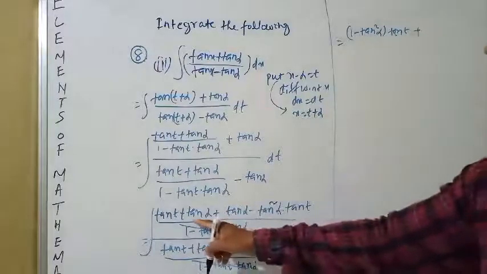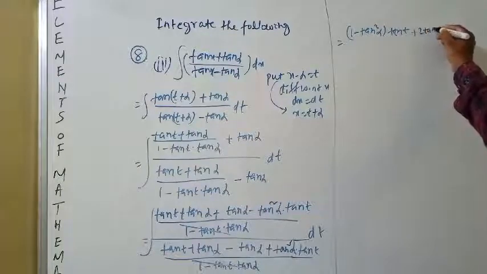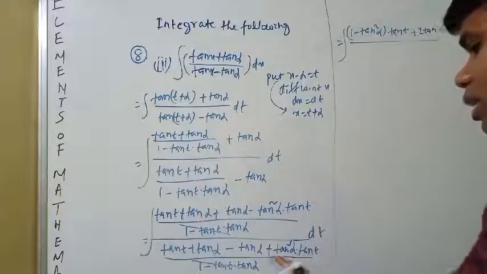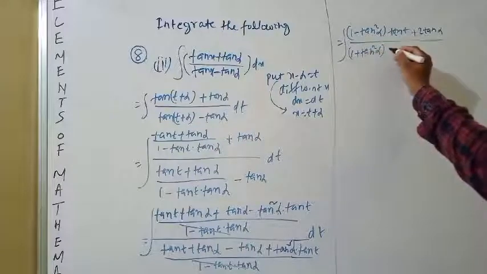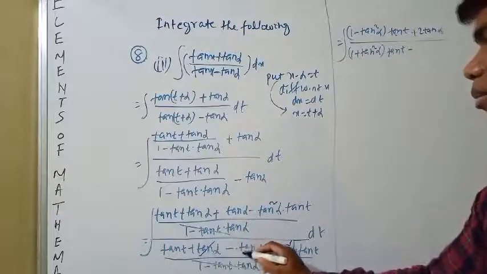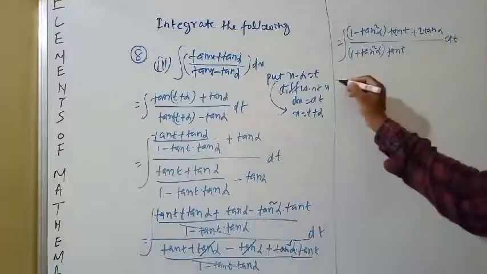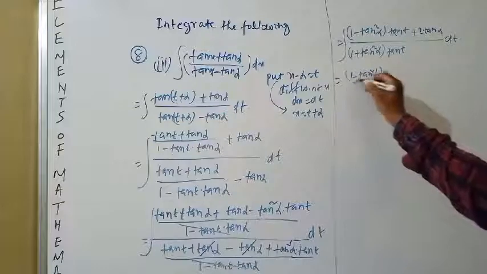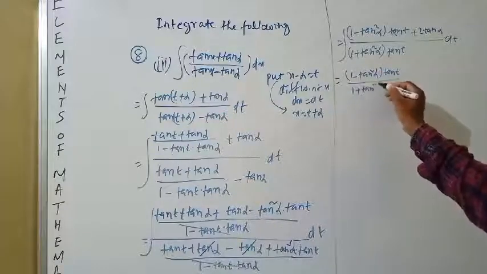Here you see tan alpha plus tan alpha gives 2 tan alpha, divided by, taking common tan t, 1 plus tan square alpha tan t. Minus tan alpha plus tan alpha will cancel out, and only this much remains: dt is equal to 1 minus tan square alpha into tan t divided by 1 plus tan square alpha into tan t.